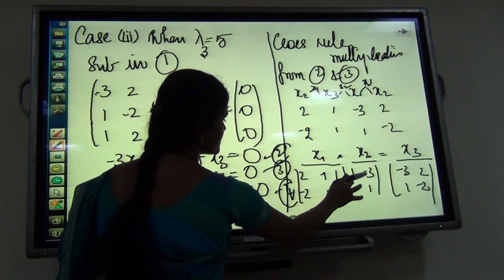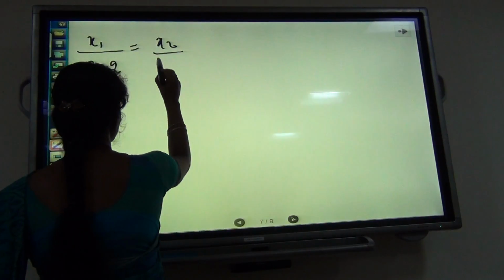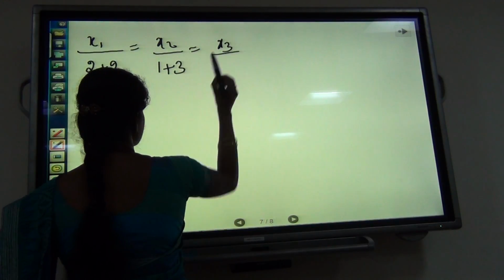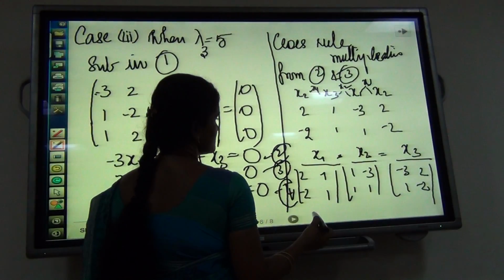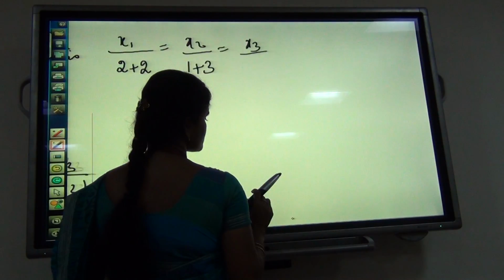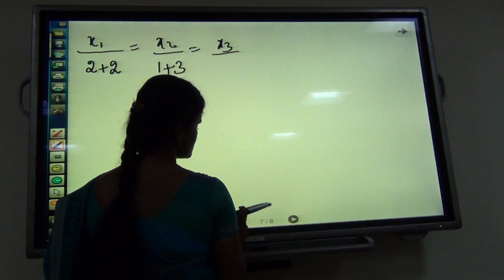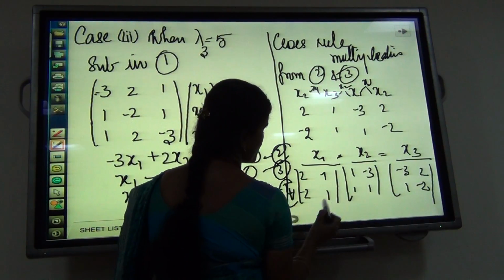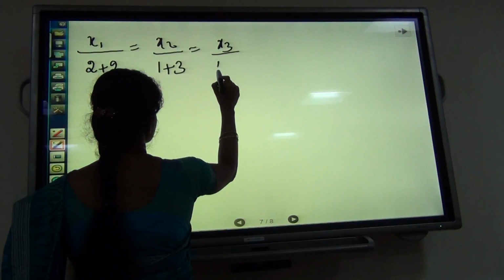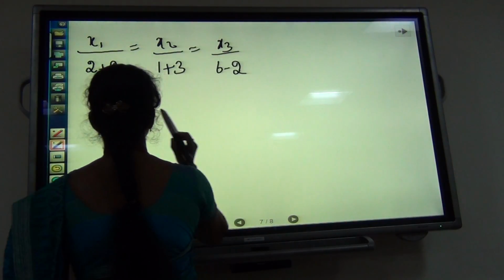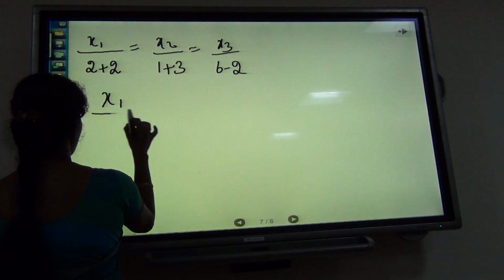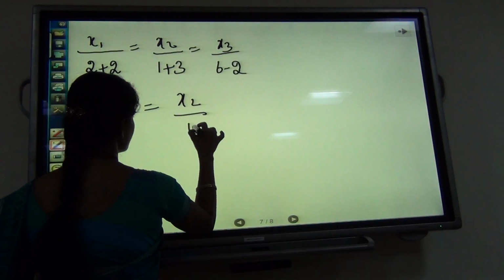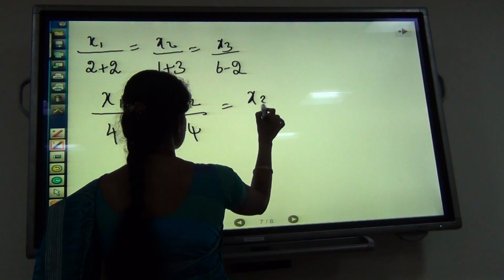You are finding the determinant for x2, 1 plus 3, and for x3 it is 6 minus 2. So the reduced form is x1 is 4, x2 is 4, and x3 is also 4.